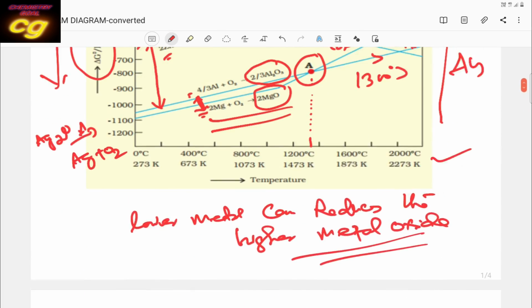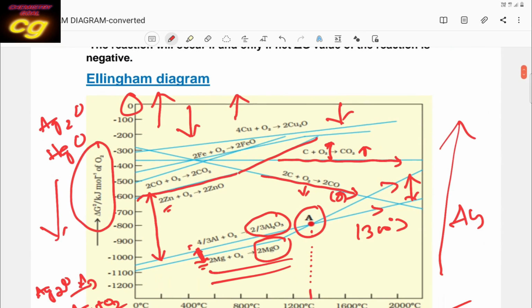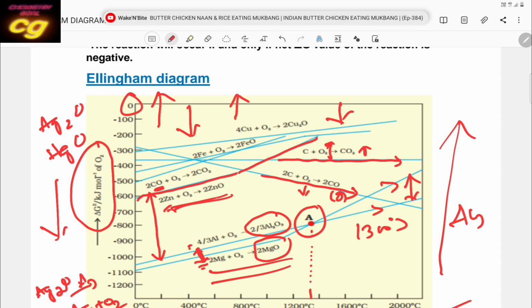If you study further, you can learn other important features too. You see this zinc oxide graph and the carbon monoxide CO graph.